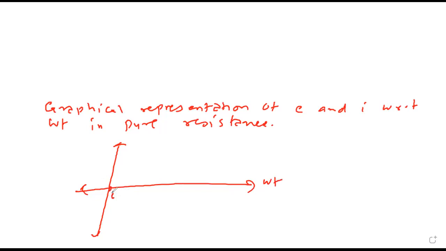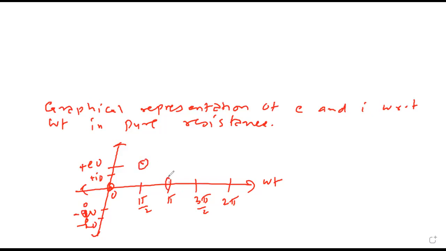So 0, pi by 2, pi, 3 pi by 2, 2 pi. This is E naught, I naught slightly less than that, minus E naught and minus I naught. So first the EMF graph, then we'll draw the graph of current.